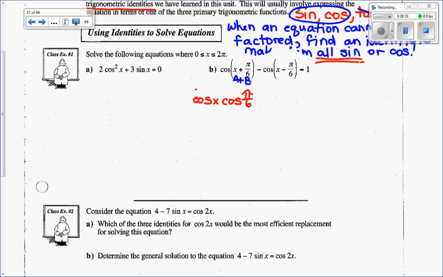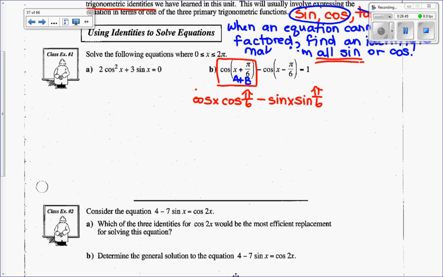Then it's minus sine a sine b, so minus sine x sine pi over 6. And that's just what cos of a plus b is.